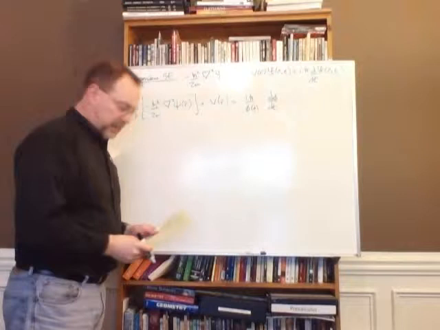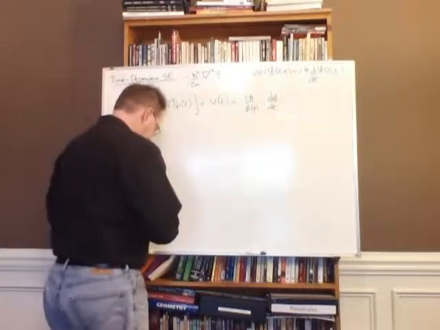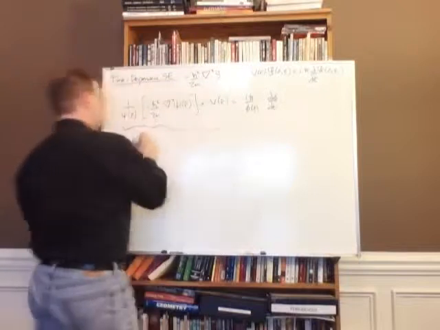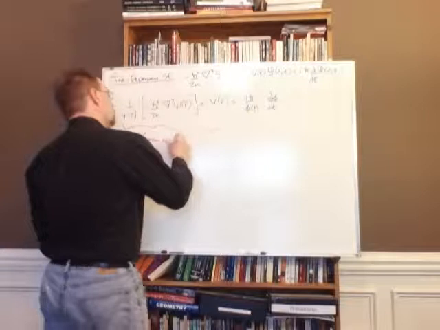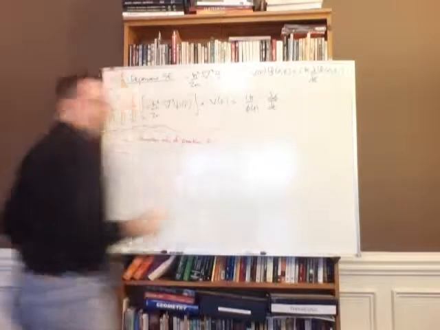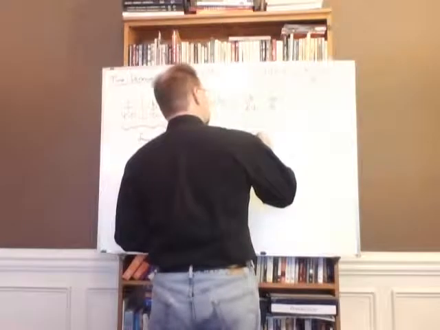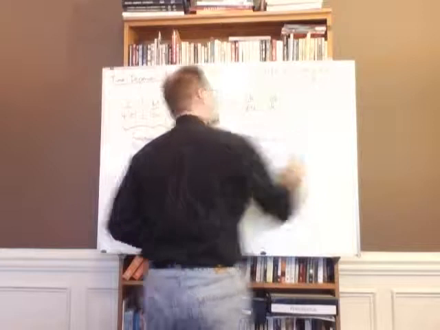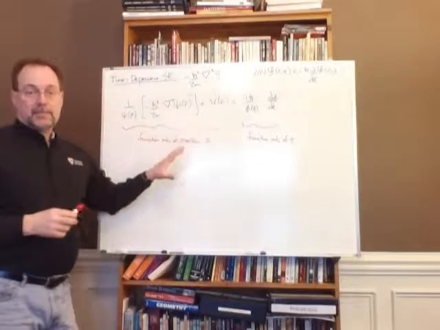Now, we can observe that on the left, this is a function only of position variables. And over on the right, this is a function only of time, or only of t. And this has to be true for all position and all time.